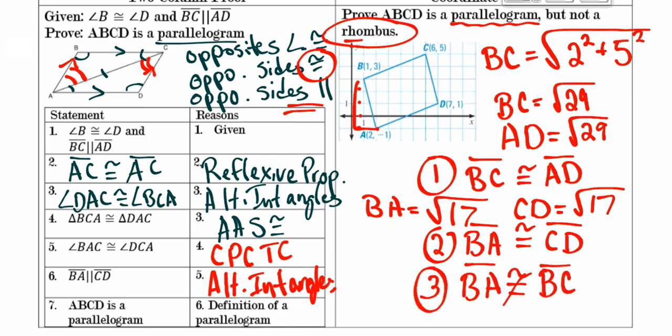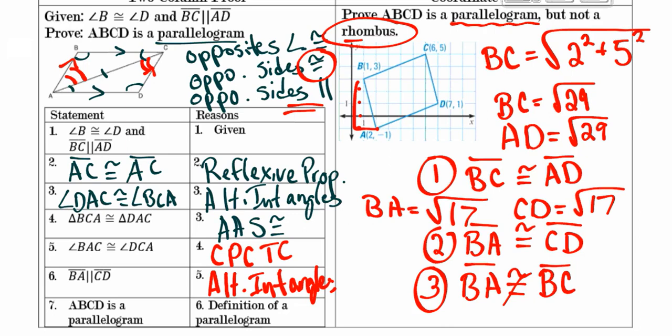I showed the lengths of both those. I just need to say exactly what I mean. BA is not congruent to BC. That shows everything that I need. It has the two sets of congruent sides, making it by necessity a parallelogram, but the consecutive sides are not congruent, so it's not a rhombus.